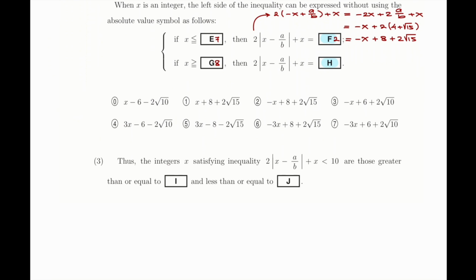So we get rid of the modulus and it becomes 2 times x minus a over b plus x. And then if you simplify it by distributing the 2 into the bracket, I will get 2x minus 2a over b plus x. 2x plus x, we get 3x minus 2 times, substituting a over b by 4 plus square root of 15.